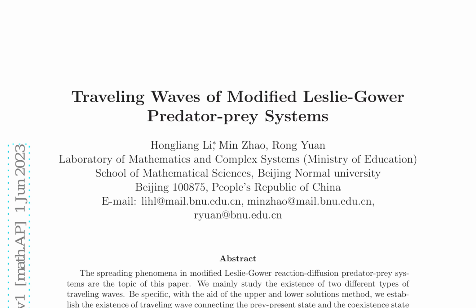The solution w(z) of the corresponding linearized system converges to E0 as z approaches minus infinity, given by w(z) equals E0 plus C1 E1 e^(λ1 z) plus C2 E2 e^(λ2 z) plus C3 E3 e^(λ3 z) for some constants C.